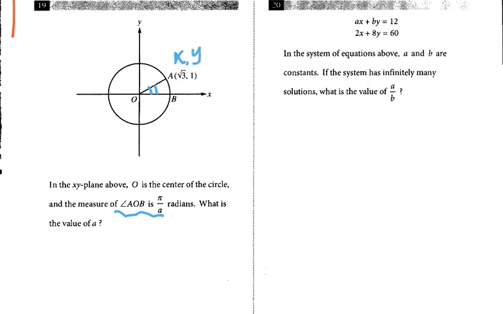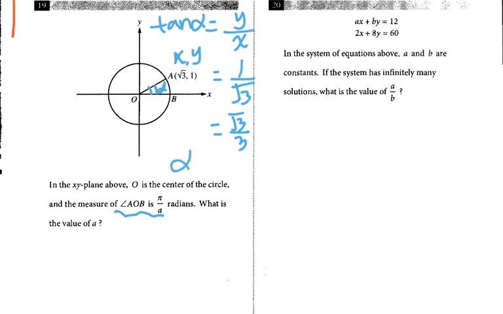Then we use the tangent. Let's label here alpha. So alpha equals y over x. That's how you get 1 over square root of 3, that's square root of 3 over 3. Then alpha will be 30 degrees, which means pi over 6.